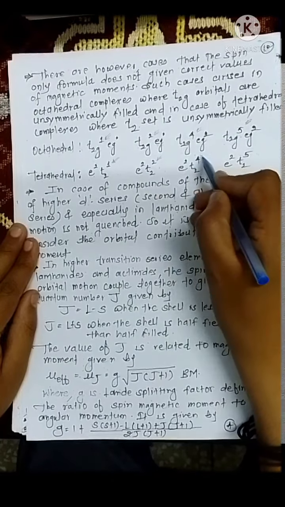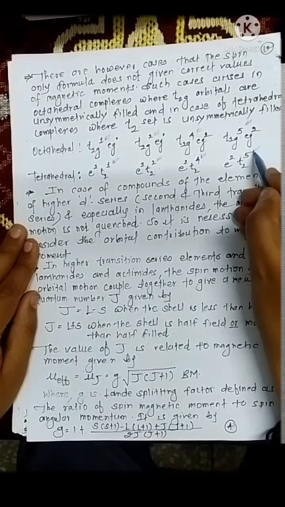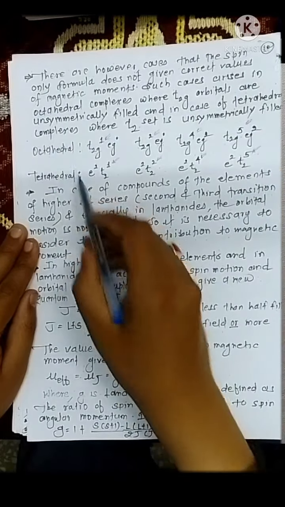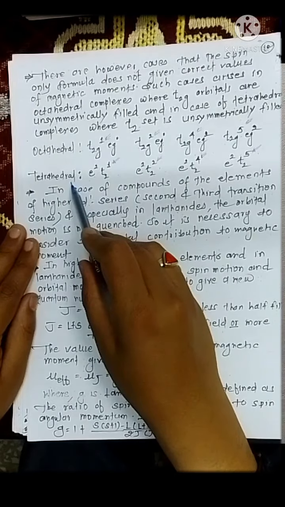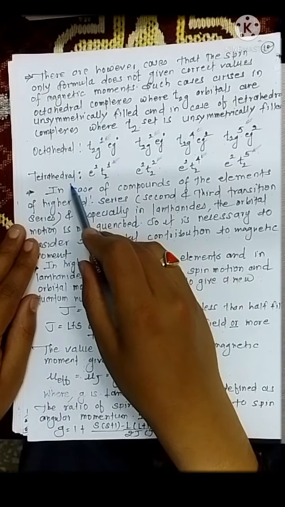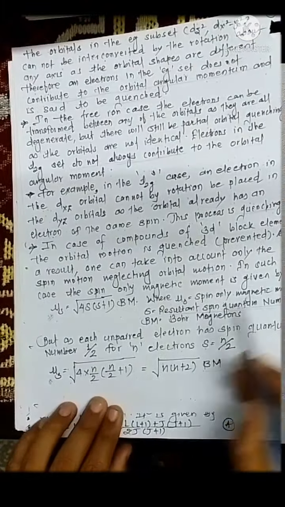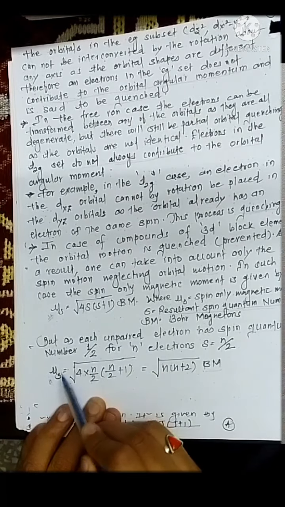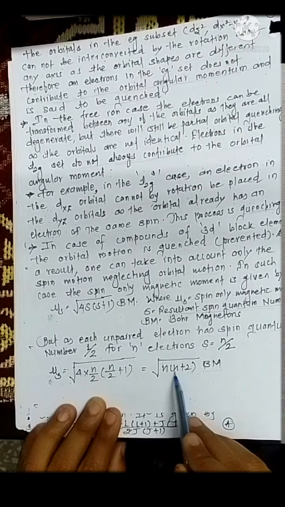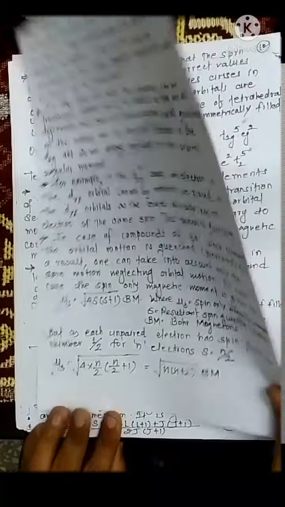So when the T2g set of orbitals in octahedral complexes and the T2 set of orbitals in tetrahedral complexes are unsymmetrically filled, then these two formulas, mu s equals root of 4S(S plus 1) and mu s equals root of n(n plus 2), are basically not applicable.